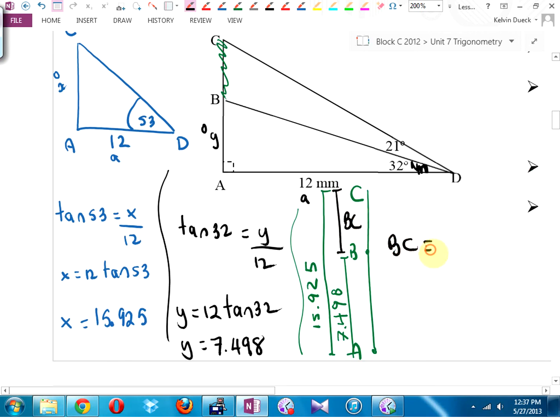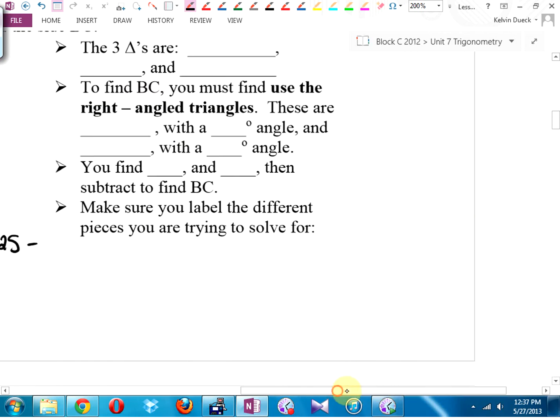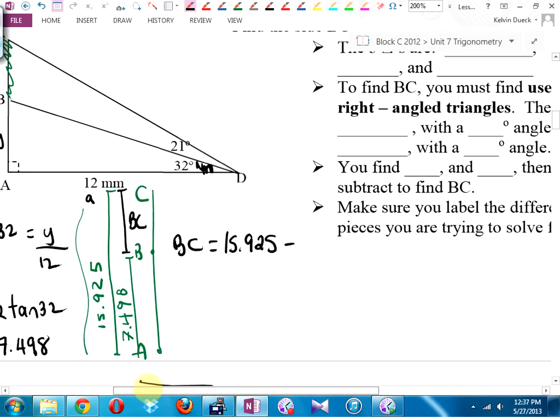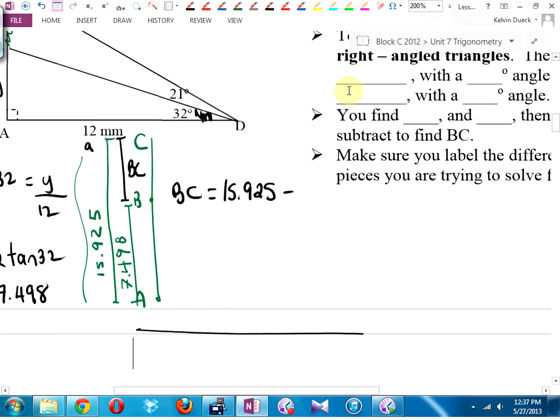BC is going to be what? How can I calculate it? 15.925 take away... Whoop, too far. Didn't want to draw that big line there. Take away 7.498.